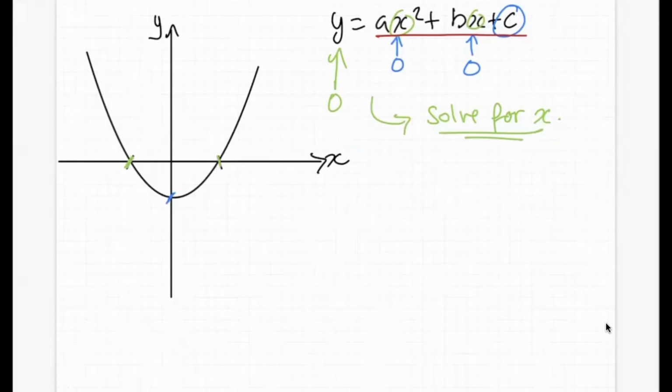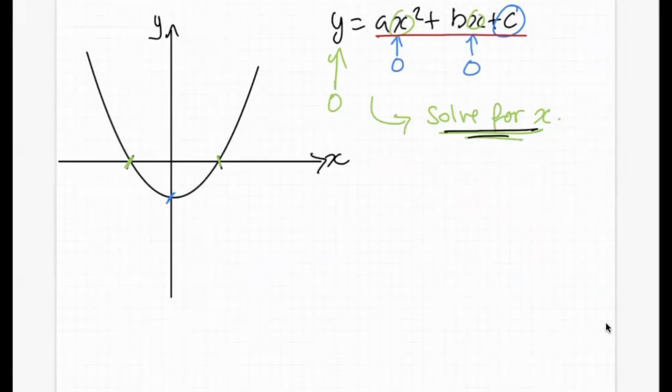By solving for x. Now, there are a couple of different ways of doing this based on the equation that you have. And today I want to just quickly talk about the easiest way to do it. And this is for easy quadratic equations, and you'll see what I mean by that in a bit.